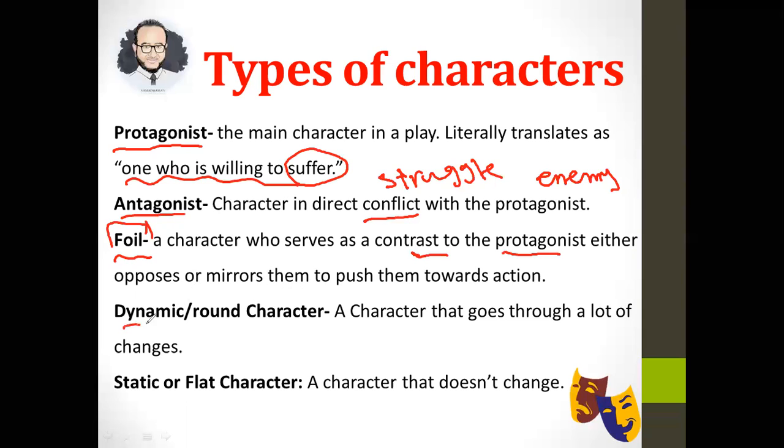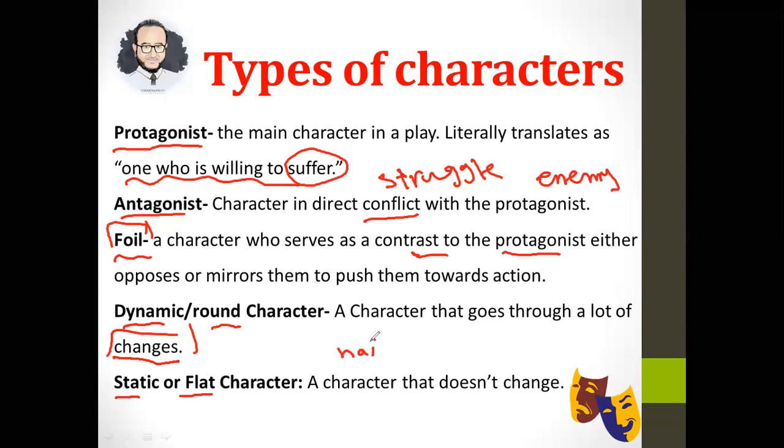The dynamic or round characters, from the name, are dynamic, active, changing all the time. They are not stable, or they don't have a kind of stability. They are changing all the time, I mean, in their behavior and so on. And the opposite, you have static, sorry, and flat character. It means here that they do not have any kind of change. So maybe someone is naive all the time.